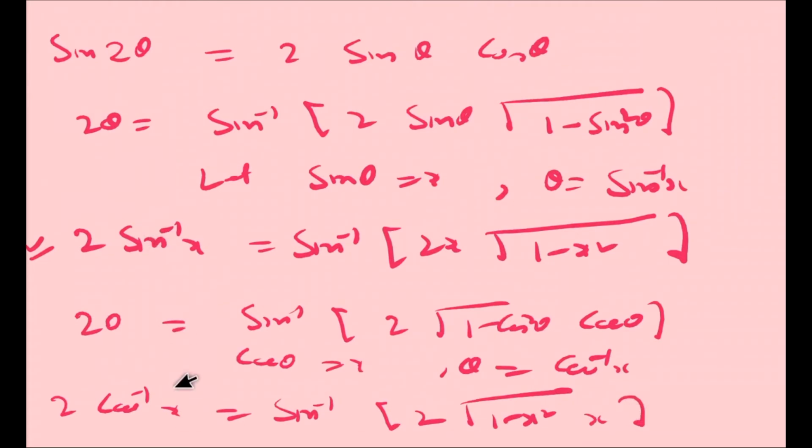These two are the same formula, but here you have 2 sine inverse x and 2 cos inverse x. We always give preference to this formula when writing. Both are okay, but we write this formula.